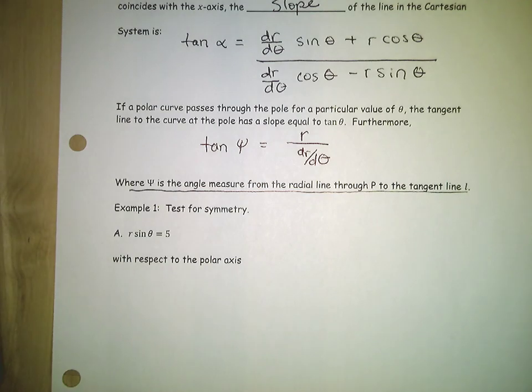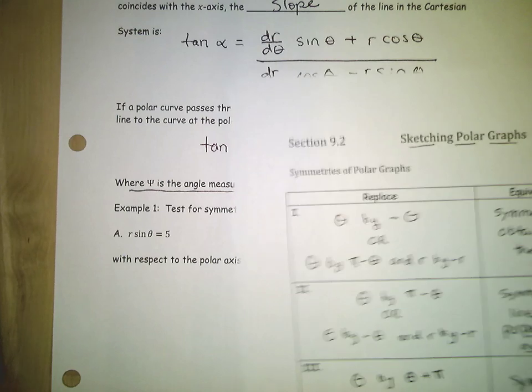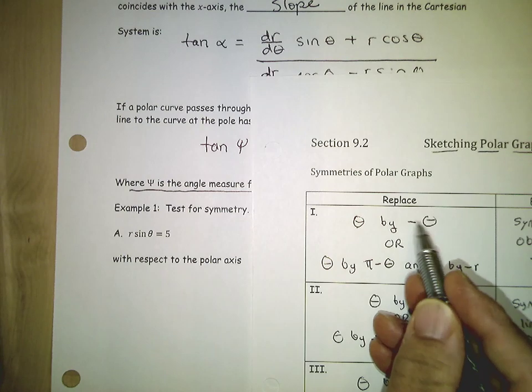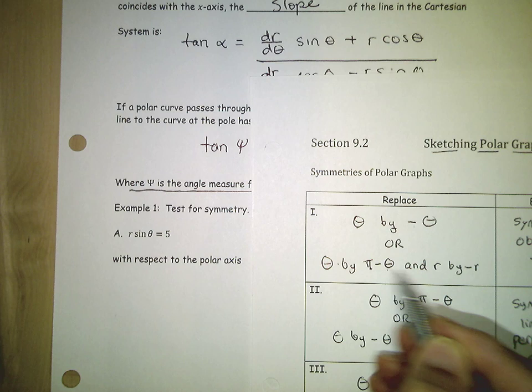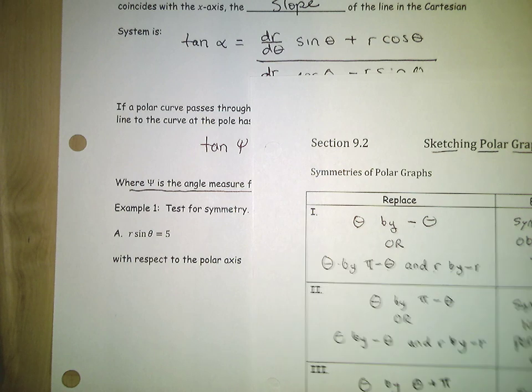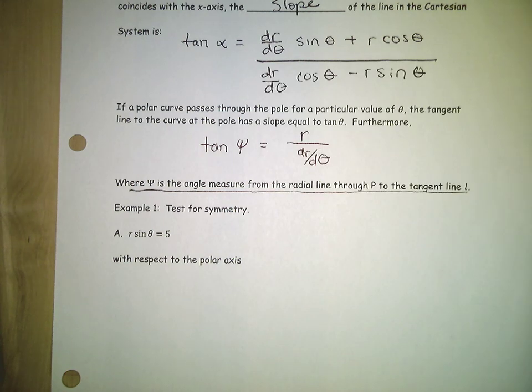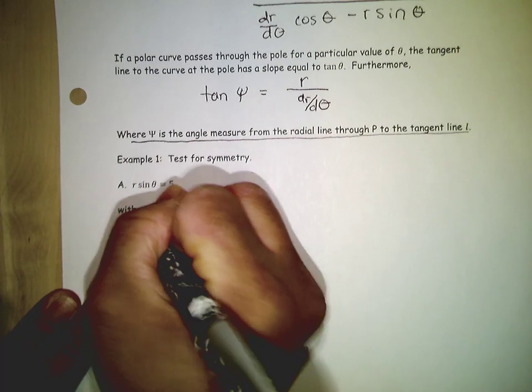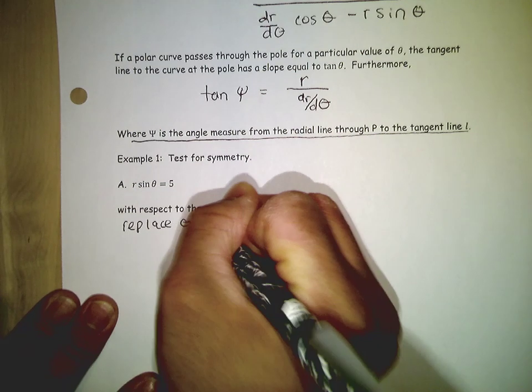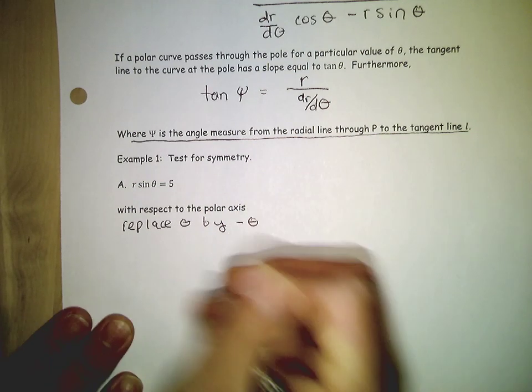Remember, for testing symmetry with respect to the polar axis, we can replace θ by −θ, or θ by π − θ and r by −r. So let's just do the first option, where we replace θ by the opposite of θ.